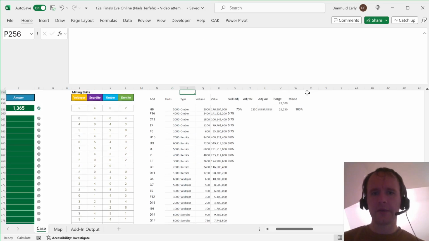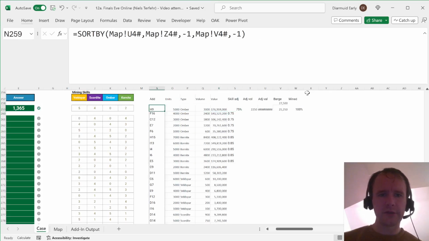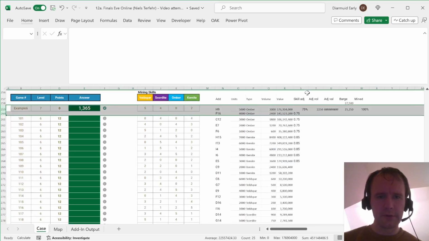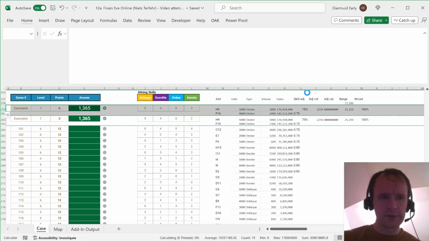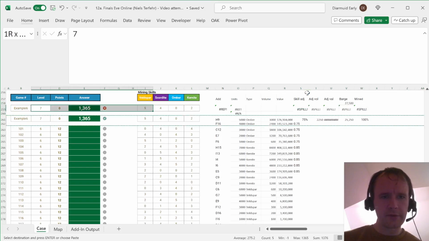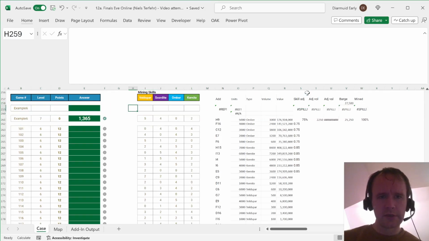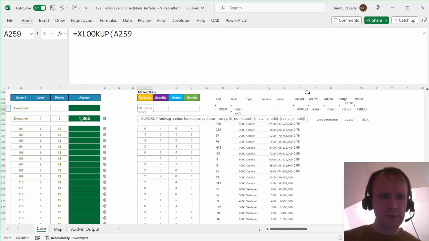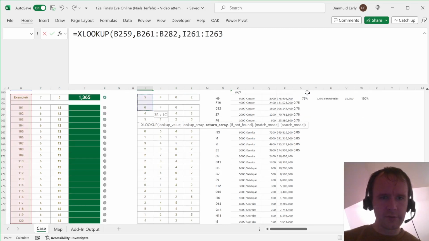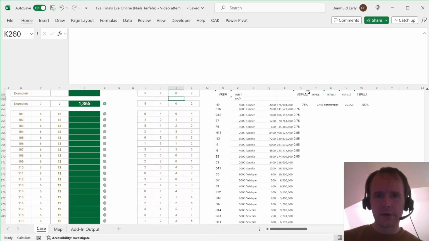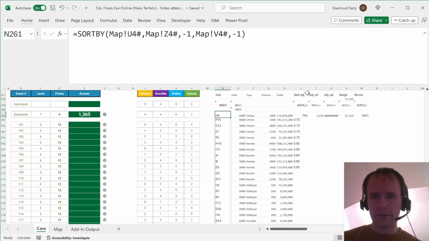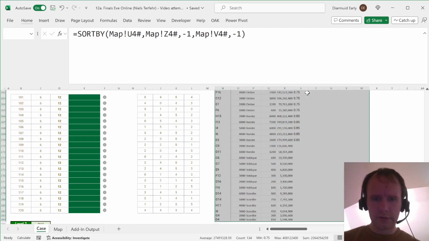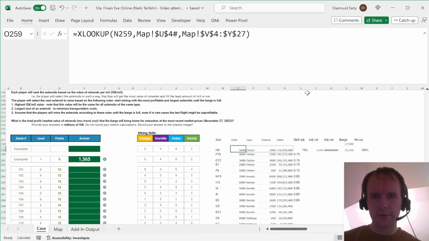Then the skill adjustment. Oh yeah, sorry, here I'm going to do the same thing as before, just insert another copy of this, get rid of all of this. And then let's do XLOOKUP this in here, returning from here. And then we will bring all of this up there.